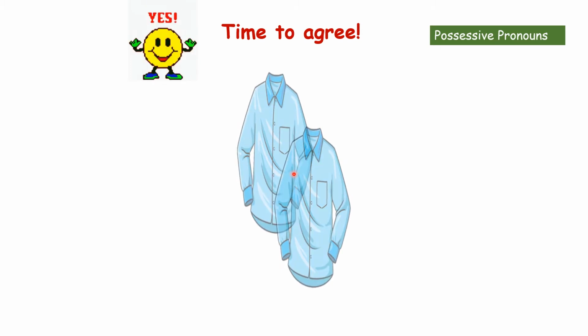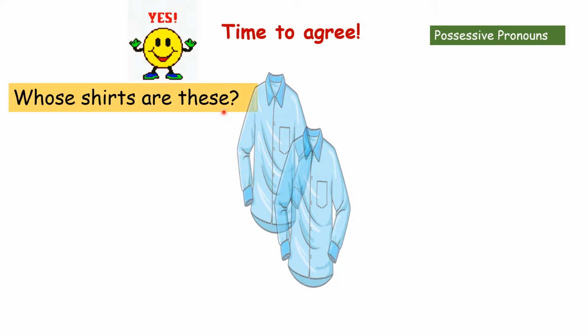Now, let's have a look at examples of questions and also answers on ownership of these 2 shirts. The first one would be, whose shirts are these? It uses are these because there are 2 shirts, more than 1.